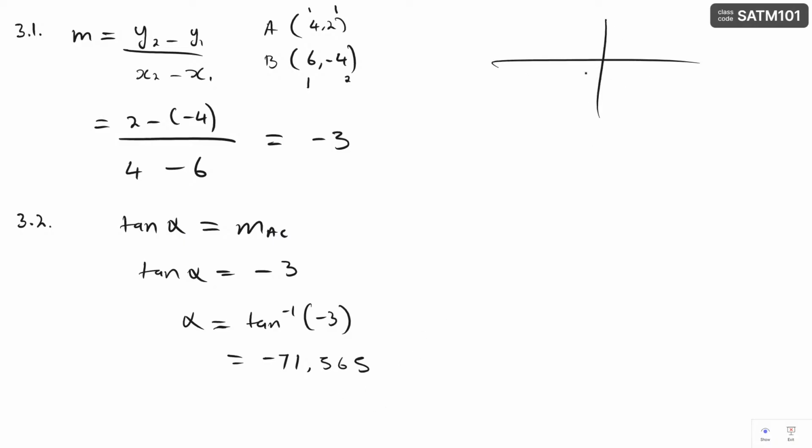For this one we need to pay attention. Using our CAST diagram, we know tangent is negative in this quadrant and this quadrant.